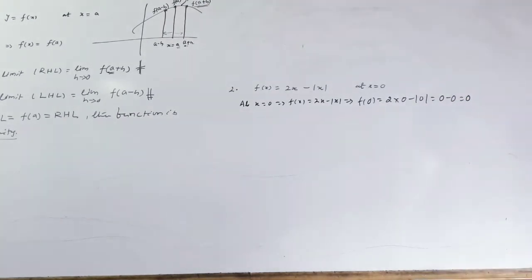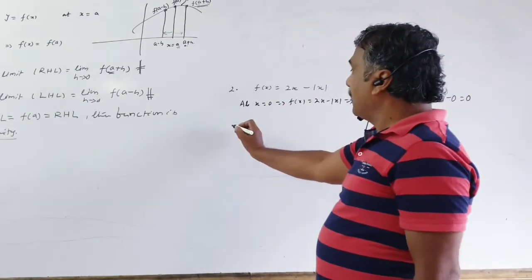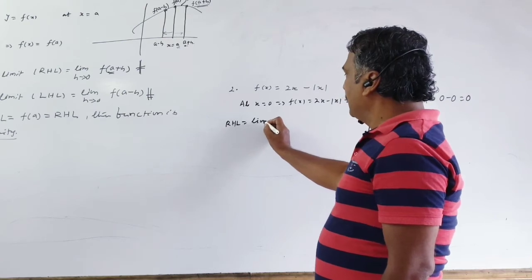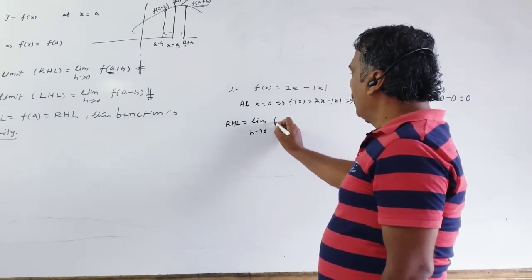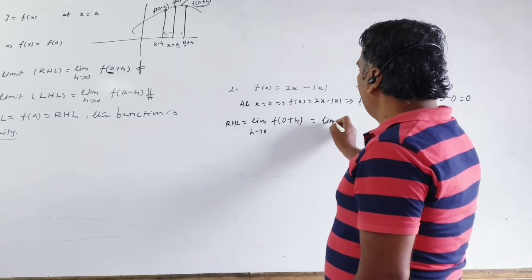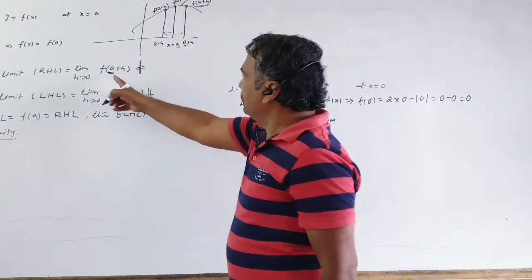Okay. Now next one is, find out the right hand limit. Limit x tends to 0 of f of 0 plus x. Okay, limit 0 plus h, right hand limit 0 plus h.